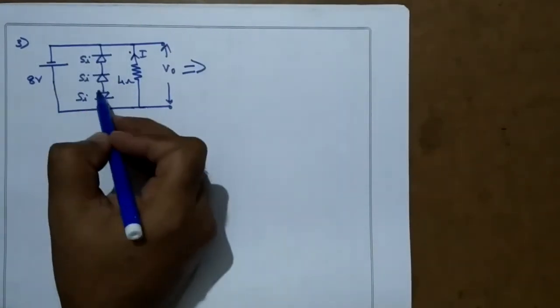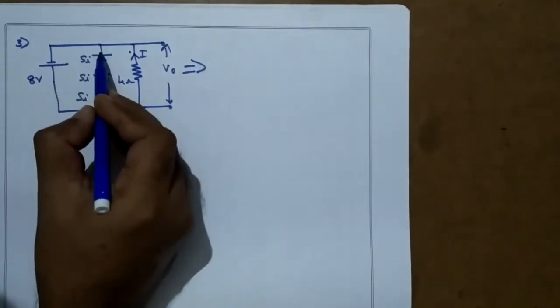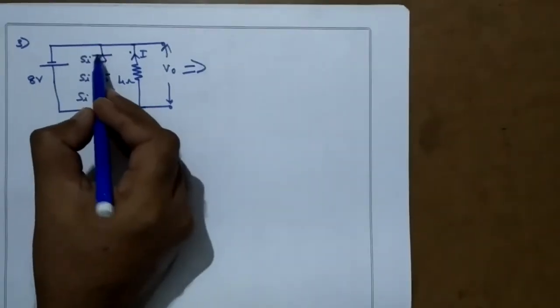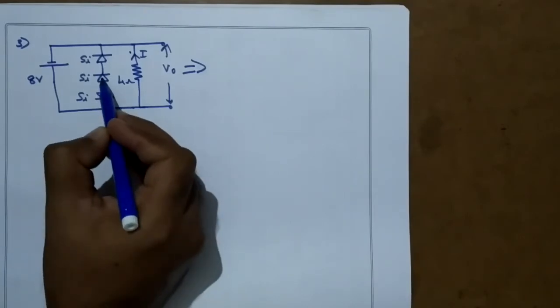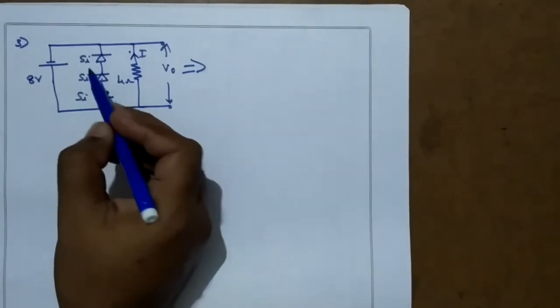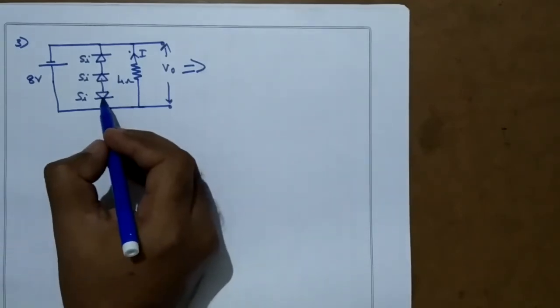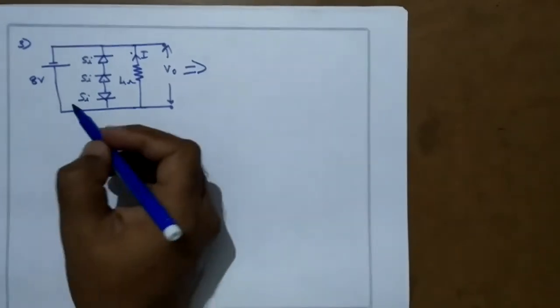Now see, there are 3 diodes. We have to see the biasing of the 3 diodes. This is forward bias, first diode, upper one, because lower potential is connected to N side. But see the other, and even the second also. So first and second diodes are forward biased, but the third one is reverse biased because this N side is connected to higher potential.